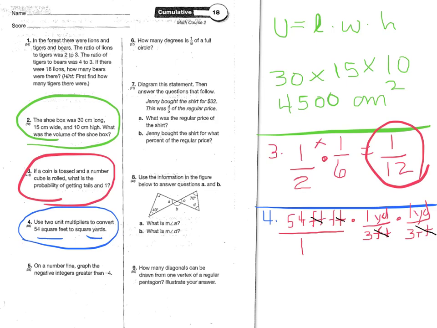Leaves us with 54 yards squared over 3 times 3 on the bottom. That's 54 divided by 3 times 3, which is 6. And you keep the yard times yard, which is yards squared.